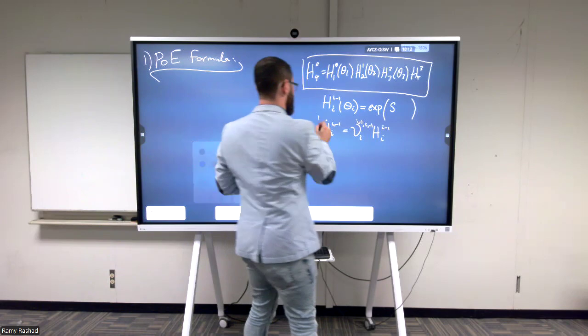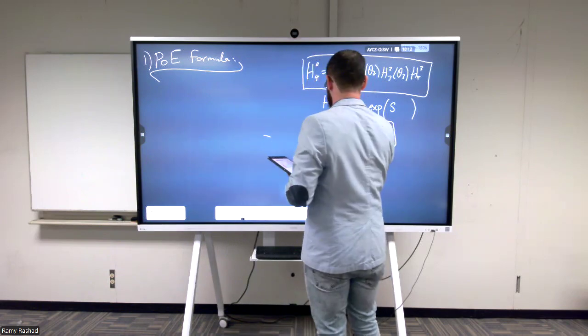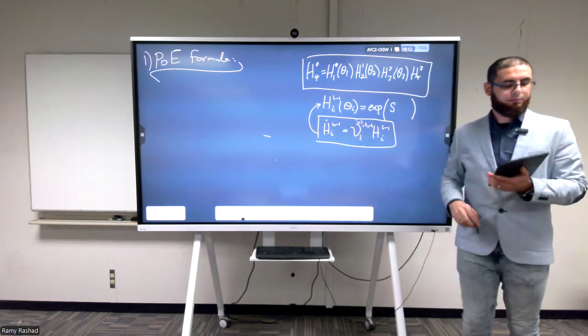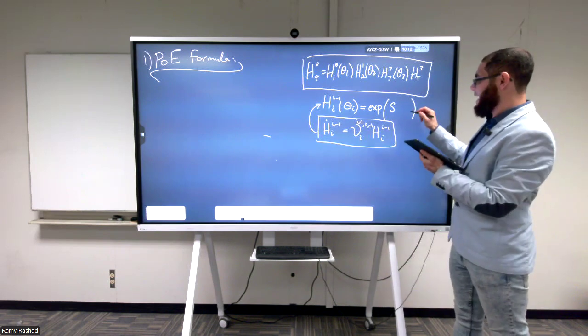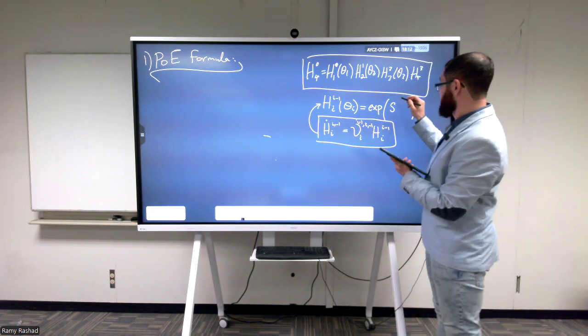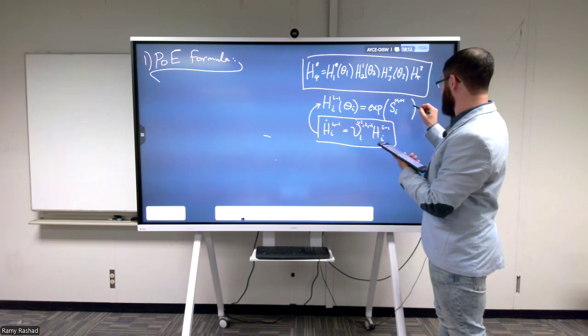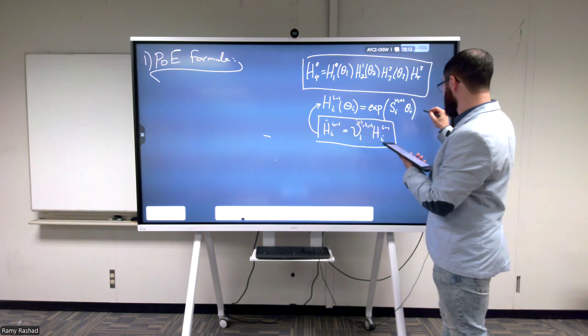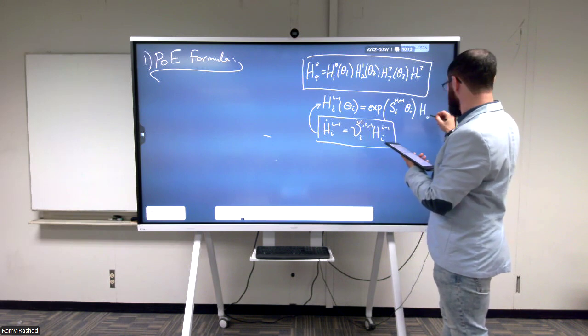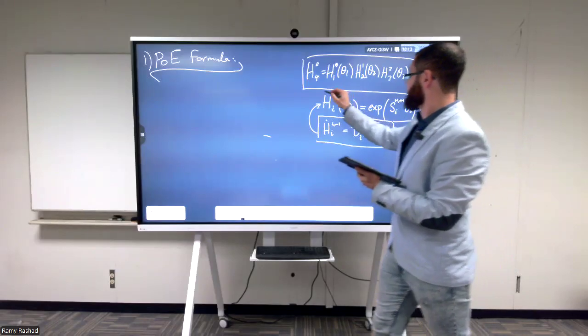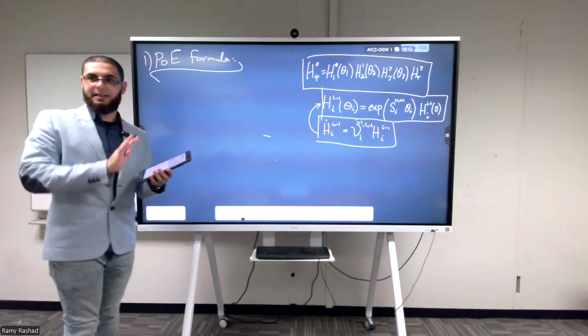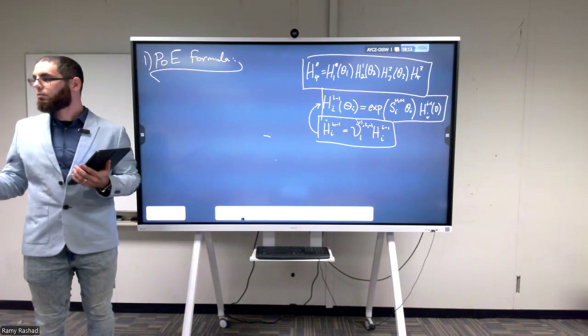This expression has a closed form solution. We're going to have here S, I minus 1, multiplied by theta I, and we have here the homogeneous transformation of I with respect to I minus 1 in the initial configuration. Does this make sense to everyone? Yes.